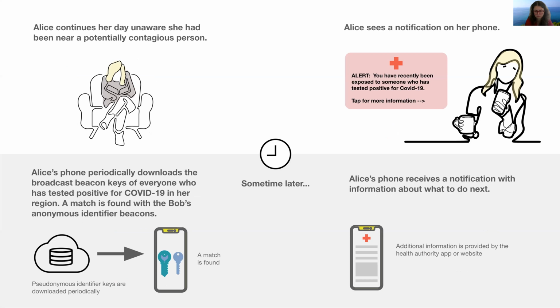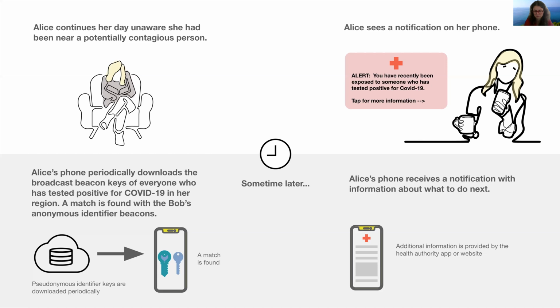So when Alice's device receives the list of all infected keys, the device does a match between the set of known infected keys and the set of keys that have been observed around Alice over the last 14 days.